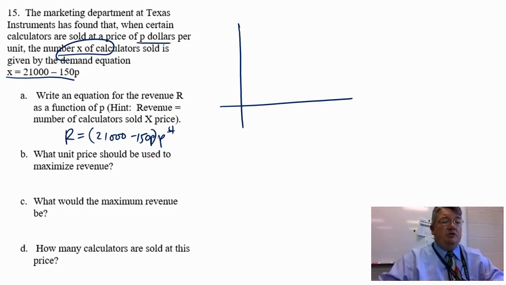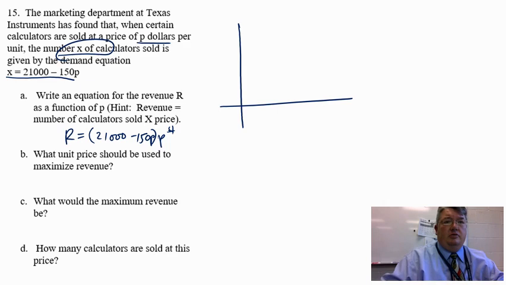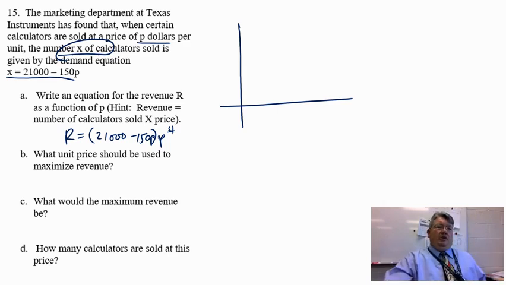You're going to have to type it in on decimals on your own then. 21,000 minus 150p times p. 21,000 minus 150p, and I'll put x times x. And if I'm putting that in, it gives me a quadratic, and I'm just scrolling up and up and up until I see its maximum.